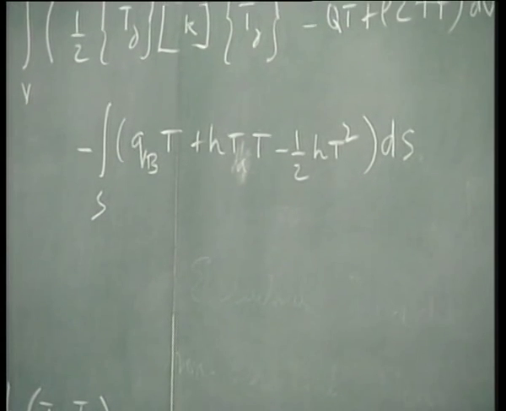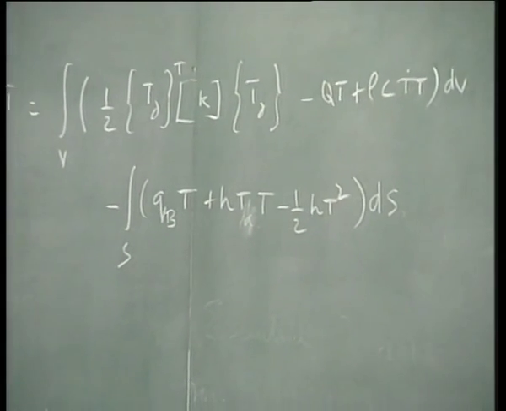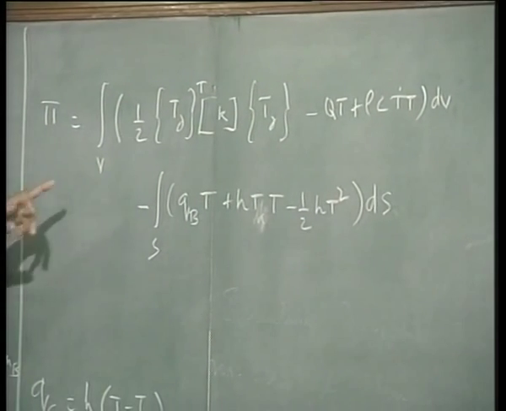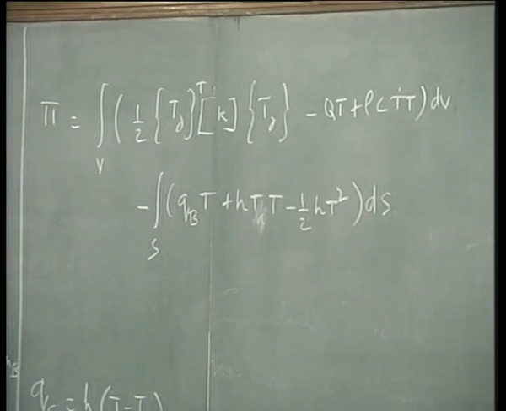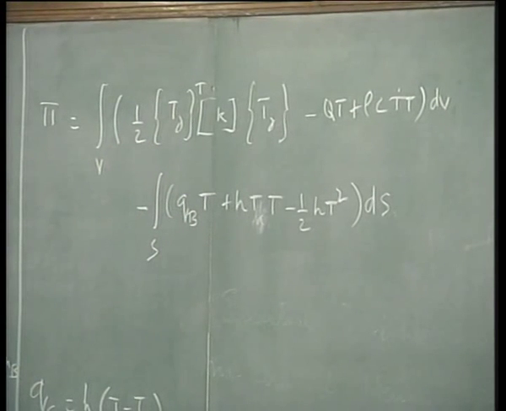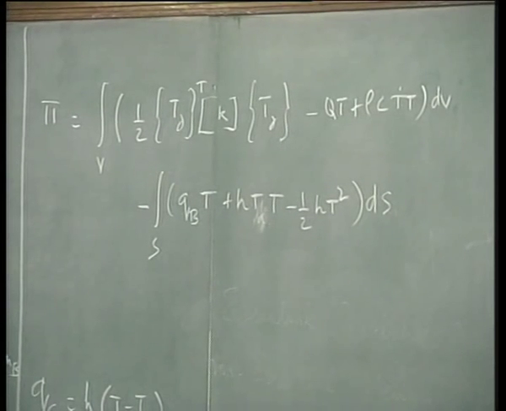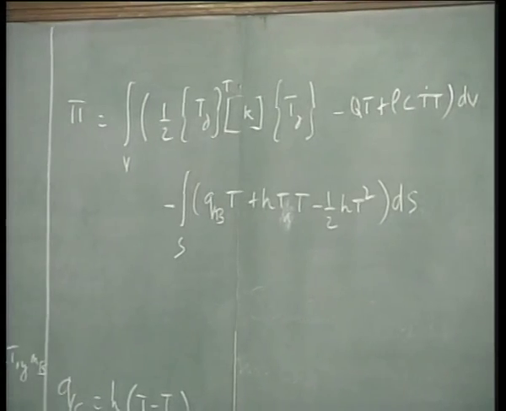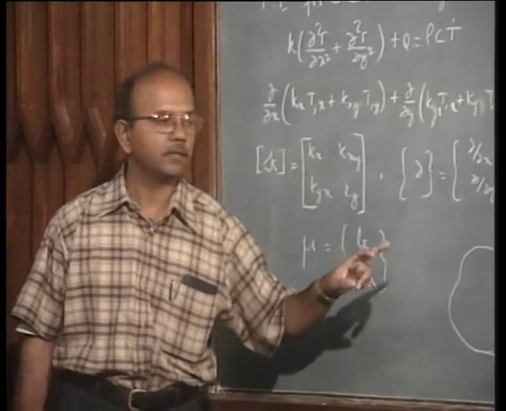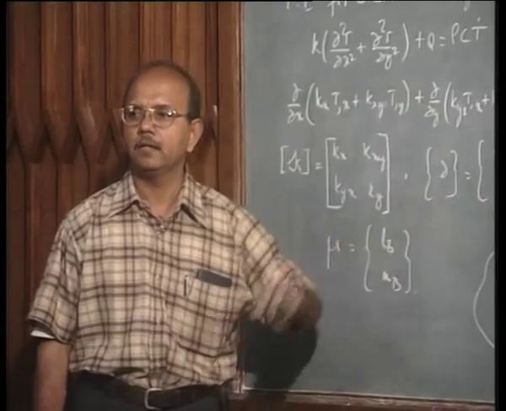Now, the gradient of T here is dou T by dou x and dou T by dou y. That is what I have written here. The del operator is dou by dou x and dou by dou y.